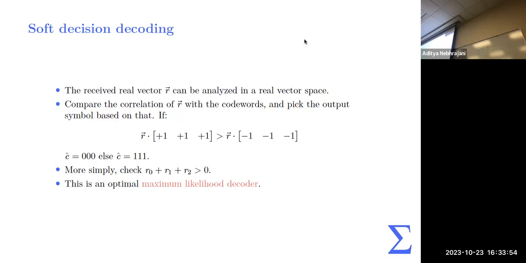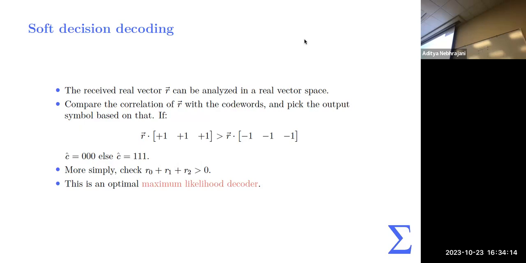Anyway, so the idea of soft decision decoding is you analyze that real vector in a real vector space. So you basically compare the correlation with each codeword, right? You take the dot product, basically how similar is the vector to each one, and you use that to decide which one it is.